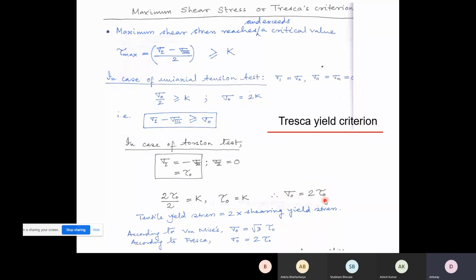So if you apply torsion, yielding will occur at 150 MPa when your tensile yield strength is 300 MPa. In Tresca's criteria, the relation between tensile yield strength and torsional yield strength is sigma naught equals 2 tau naught.